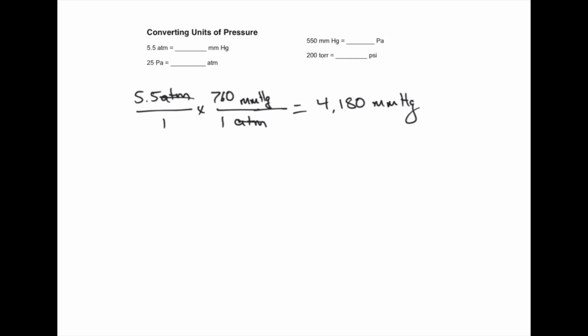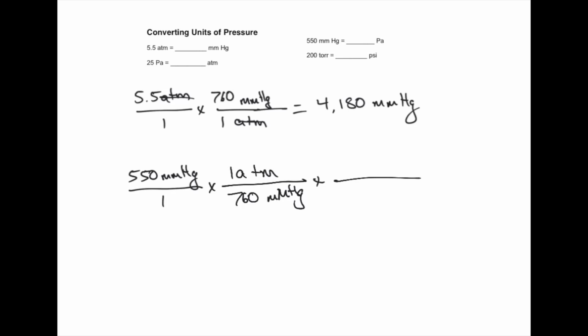Now the next one is asking us to go from 550 millimeters of mercury to pascals. Now if you notice, we don't have a direct conversion factor from millimeters of mercury to pascals. So we will have to use two conversion factors, right? So we can go from millimeters of mercury to atmospheres, and then atmospheres to pascals.